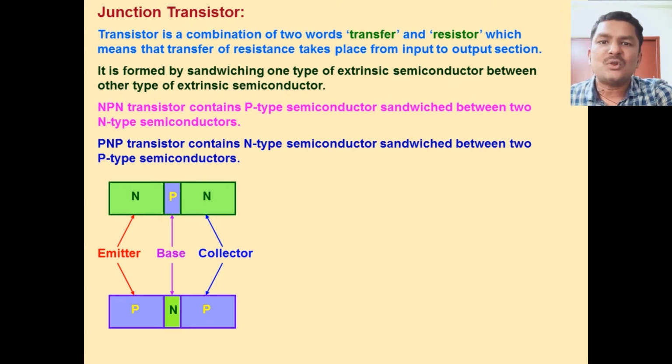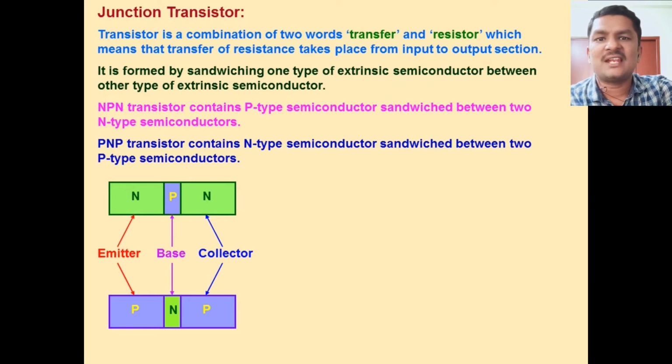So to an extrinsic semiconductor, with the other type of semiconductor sandwiched on the two sides of it, a transistor can be formed. There are two types of transistors, NPN transistor and PNP transistor. And this is the emitter.